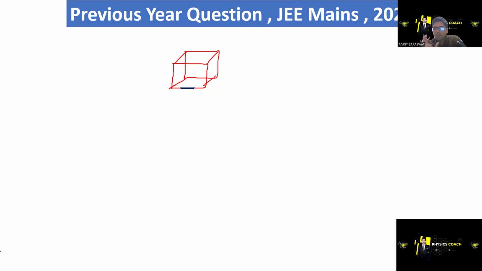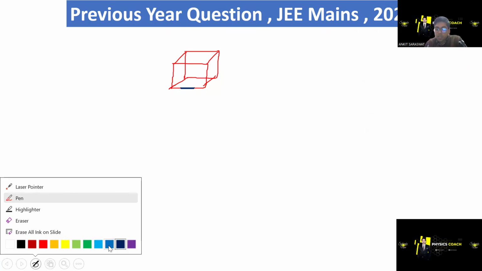Before applying Gauss theorem, we have to consider a closed surface. You can make a closed surface in various ways, but there should be symmetry. Clear?